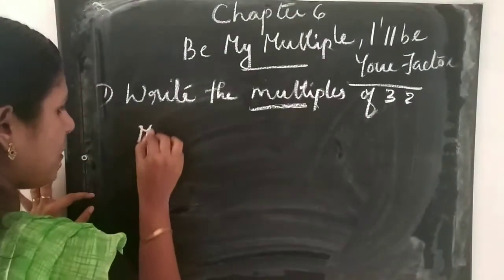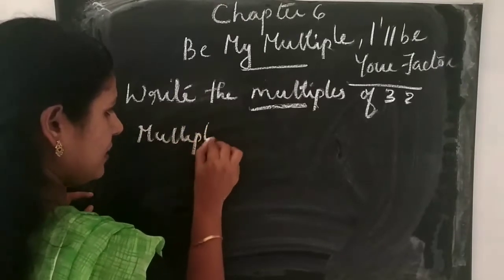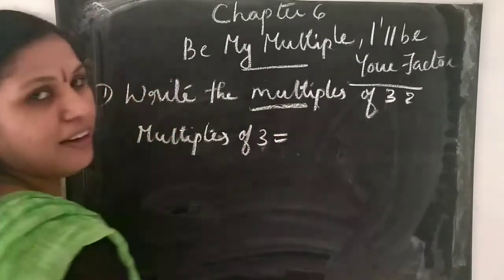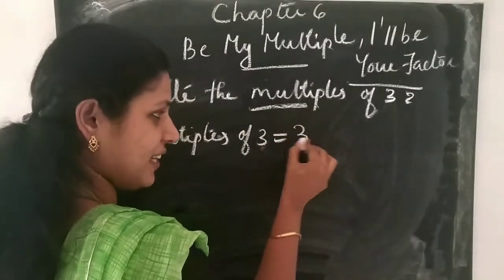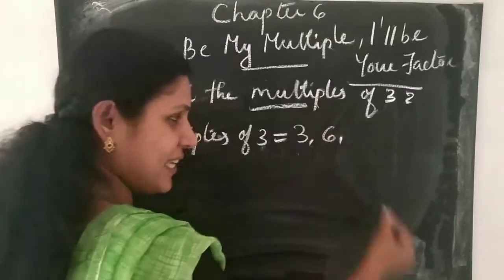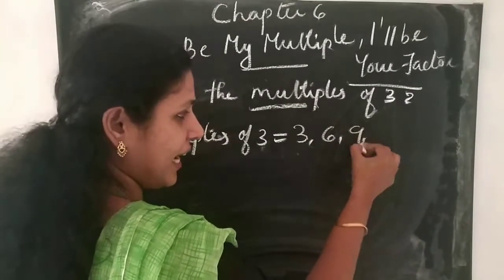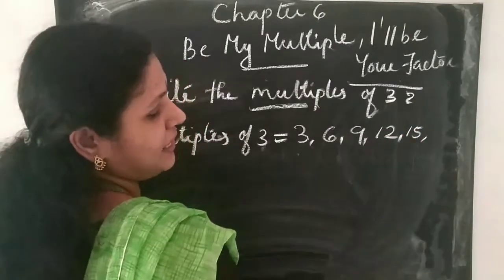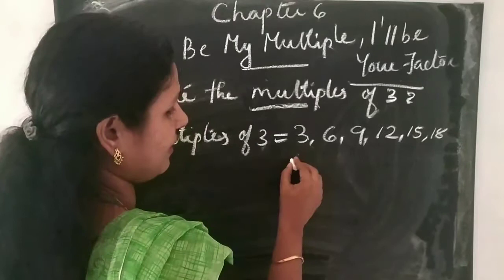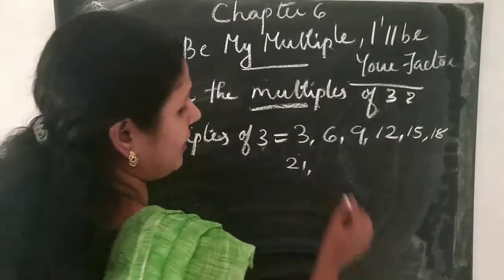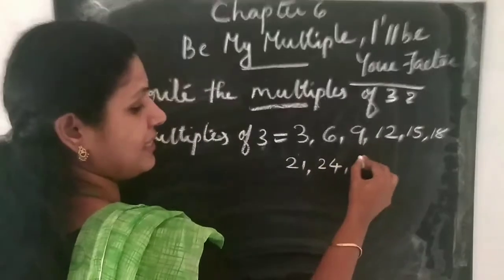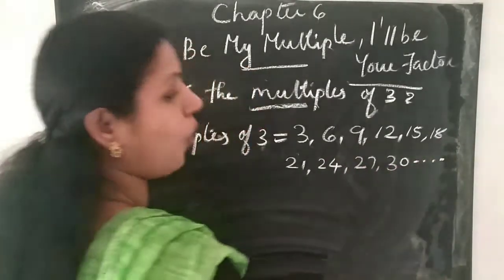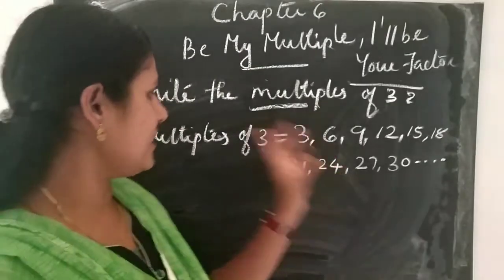Multiples of 3: 1 3 is 3, 2 3s are 6, 3 3s are 9, 4 3s are 12, 5 3s are 15, 6 3s are 18, 7 3s are 21, 8 3s are 24, 9 3s are 27, 10 3s are 30 and so on. Okay, this is the answer.